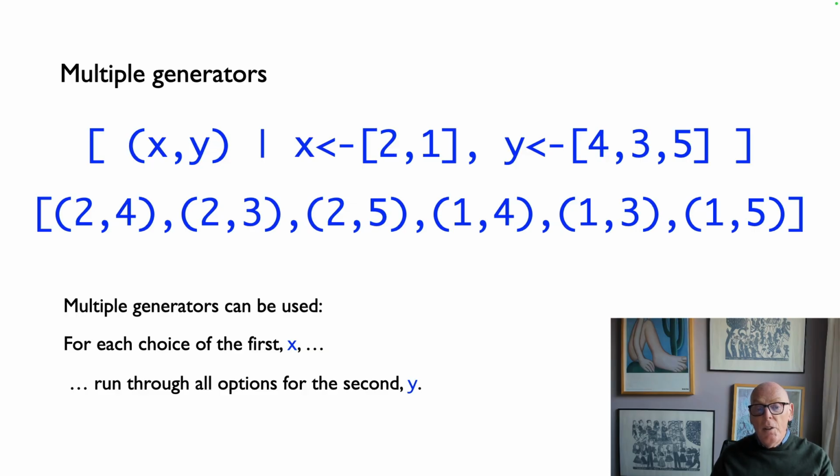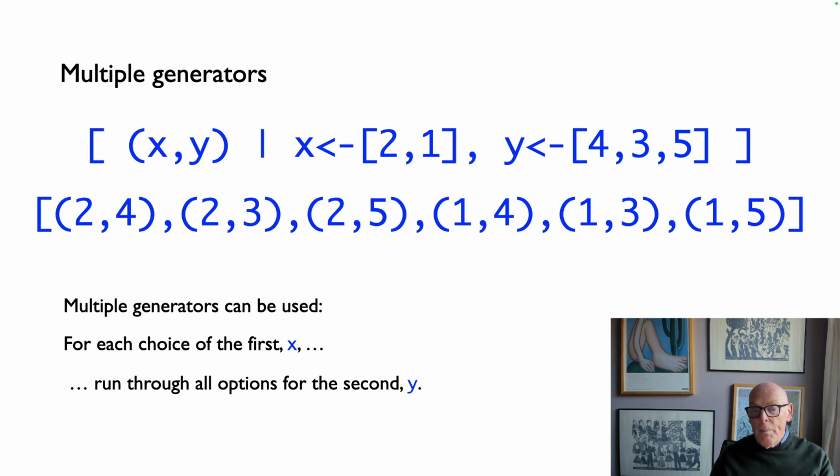As you can see, we get the pair 2, 4, then 2, 3, and then 2, 5, because we've first of all chosen x to be 2. And with that choice, we generate everything from the next generator. So y runs through 4 and 3 and 5. And then we make another choice for x, and then y runs through 4 and 3 and 5 again.